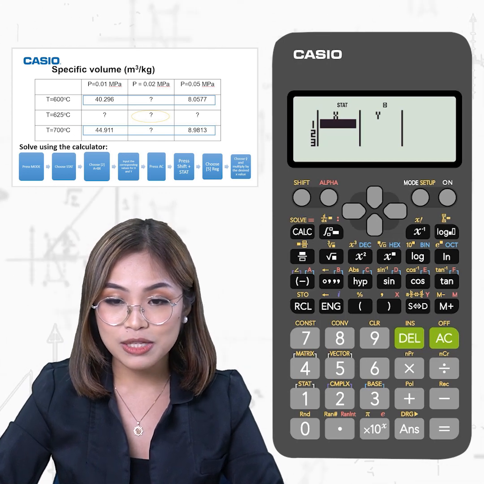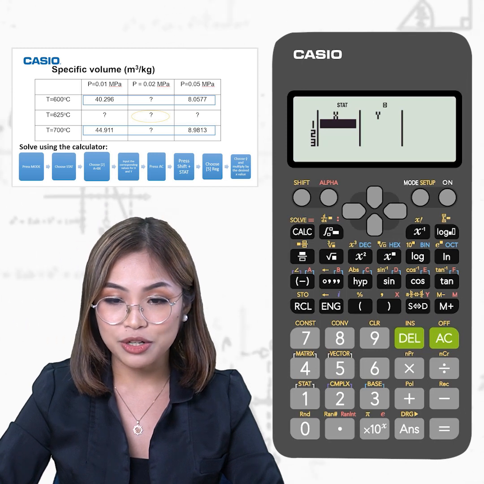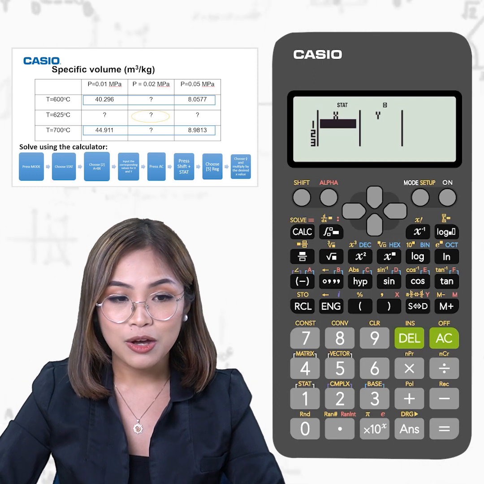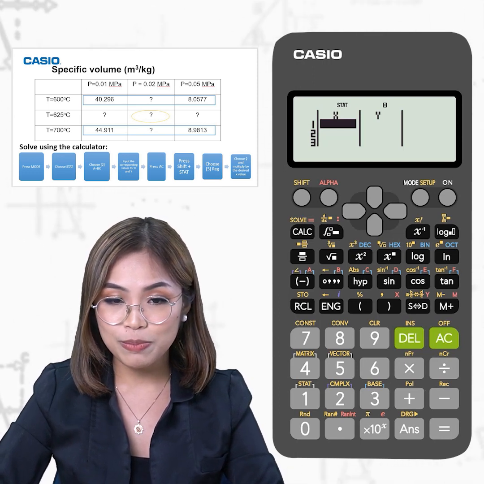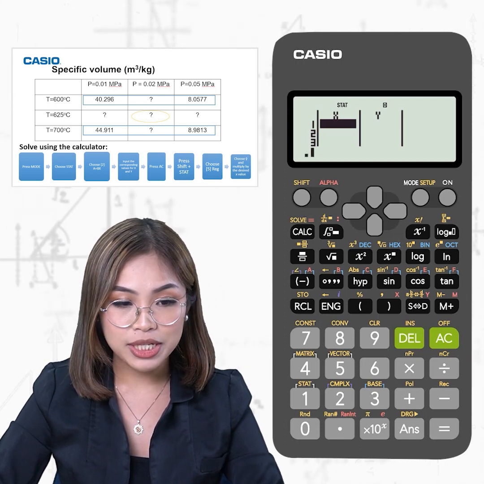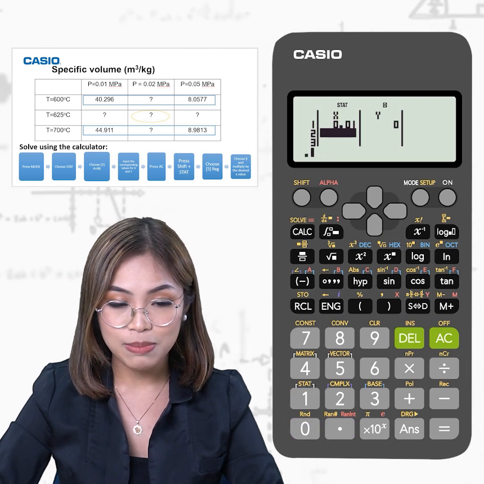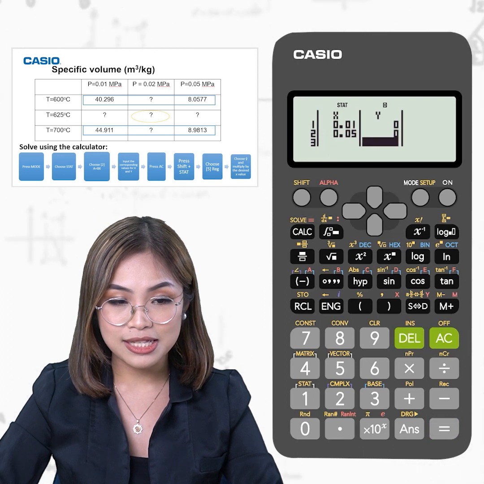And for P equals 0.05 MPa, the specific volume is 8.0577. So, we will put those values here. We know that the independent variable is P, so we will put those values in X. So, the first value is 0.01 and the second value for P is 0.05. Click equals.